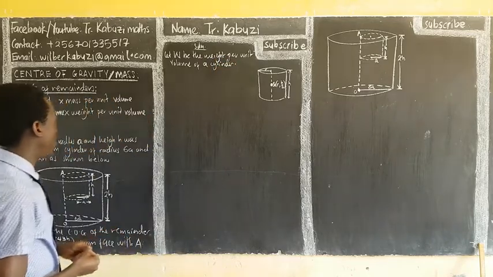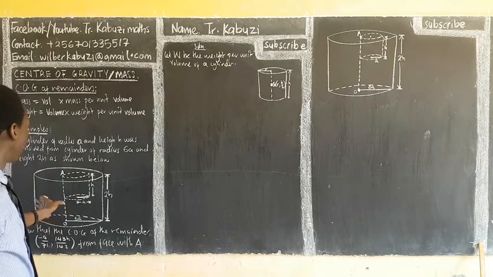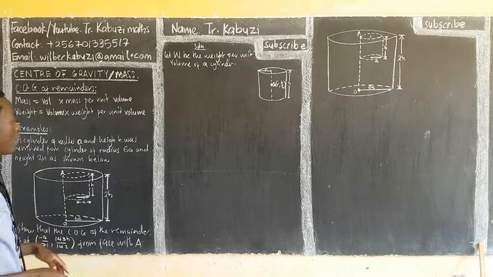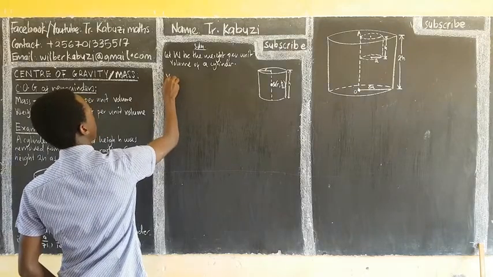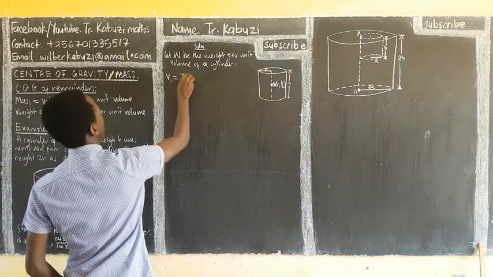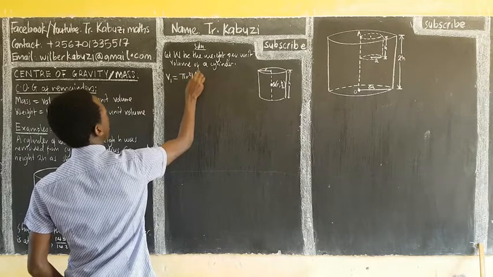From there, we first need to calculate the volume of the big cylinder and the volume of the small one. Volume 1 is pi r squared h.